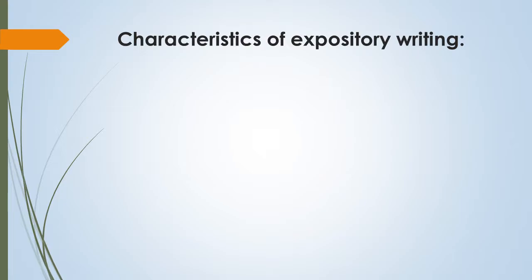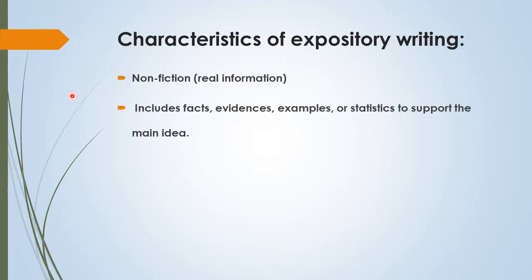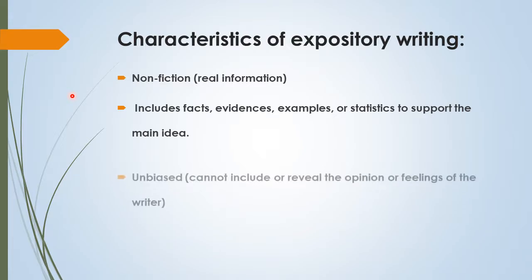Now, the characteristics of expository writing. Expository writing must be nonfiction, so you must provide or give real information in your writing or in your paragraph. It must include facts, evidence, examples, or statistics to support the main idea.